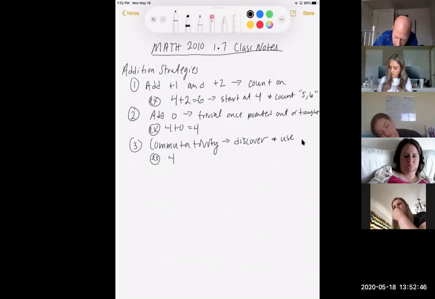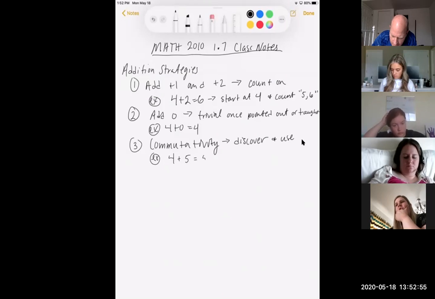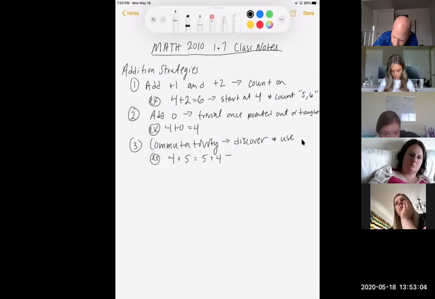Like they have 4 blocks in one hand and 5 in the other, and they put them together, then they switch it, like another problem, they'll have 5 blocks in one hand and 4 in the other. They'll notice that they both equal 9. So no matter how you add them, they'll both equal 9.